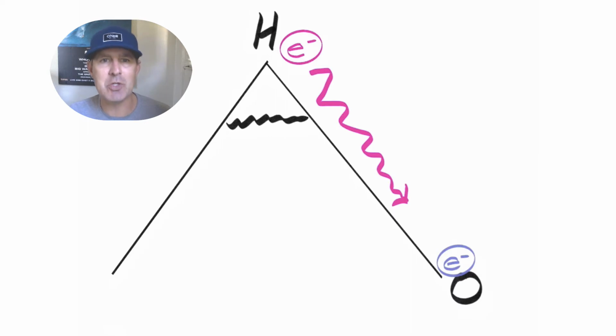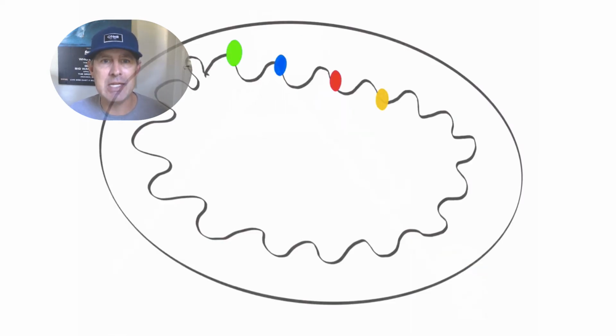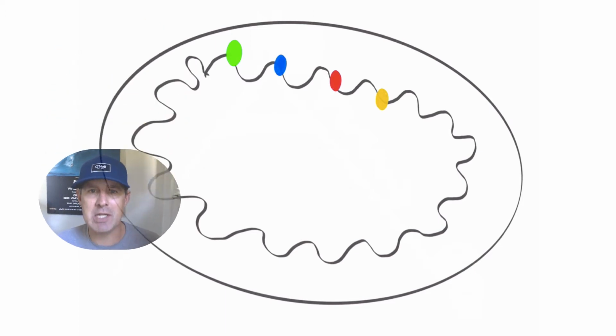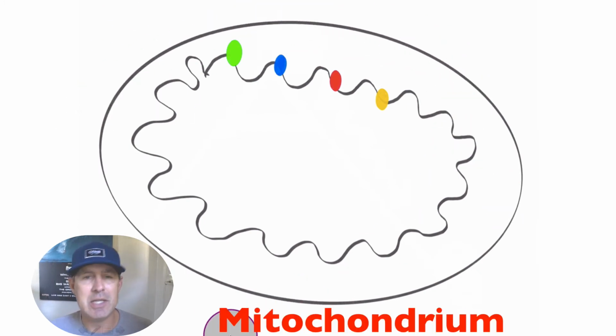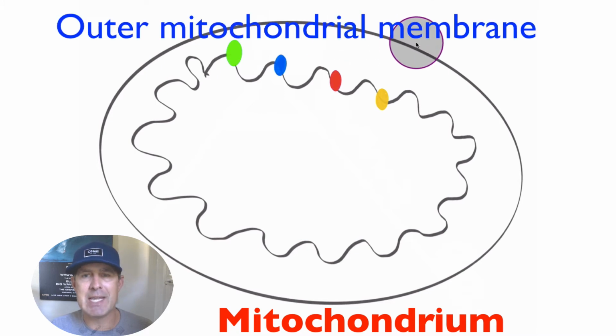So that is the value in the electrons in the hydrogen ion that NADH shuttles to the electron transport chain. And that's what we see right here. This entire organelle is known as the mitochondria. This black line on the periphery represents the outer mitochondrial membrane.